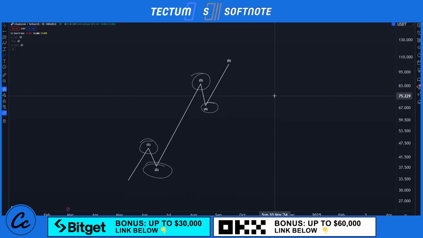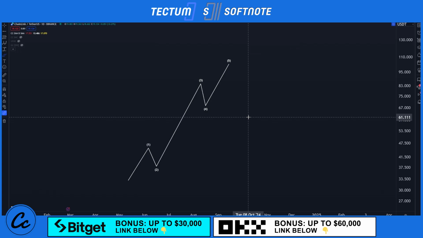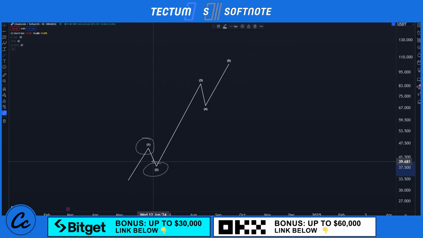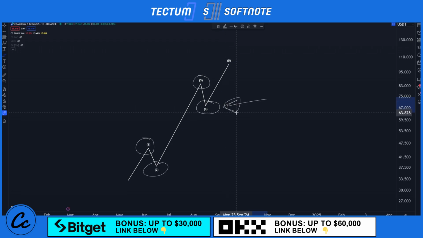Now, there's some psychology that also goes hand in hand with the 5-wave pattern. Wave 1 is usually considered fake. Wave 2 is "I told you so." Wave 3 is an institutional buy that retail investors miss out on. Wave 4 is usually institutions selling off their positions, and wave 5 is triggered by retail buying that dip, believing that it's still got a lot more room to the upside.